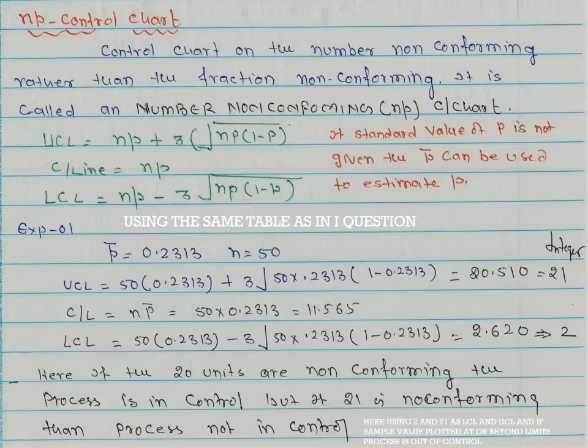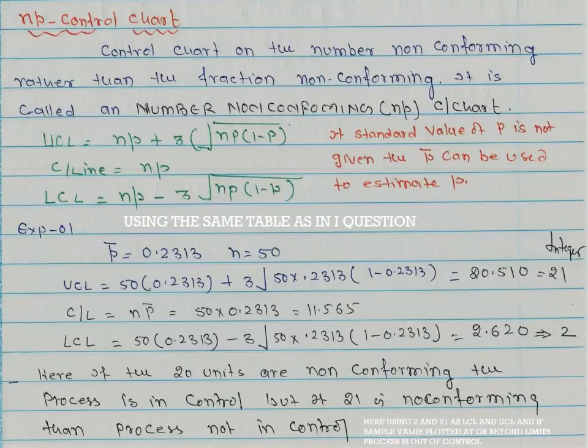So here if 20 units are non-conforming, the process is in control, but if 21 are non-conforming, the process is not in control. When we calculate the UCL, the value comes to 20.510. So we take the integer value, and here the LCL is 2.620, then we take the value as 2.